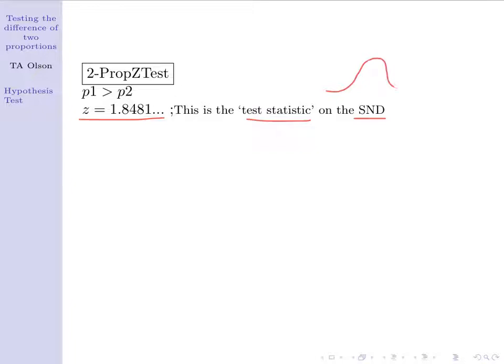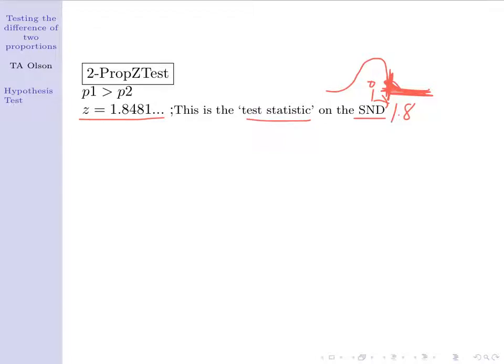Remember that we are assuming the standard normal distribution with the center in the middle here. This tells us about where on our standard normal distribution we are. About 1.8 is going to be to the right of it. Z of 0 is in the center. Z of 1.8 is going to be off to the right here. Our p-value is going to be this area.